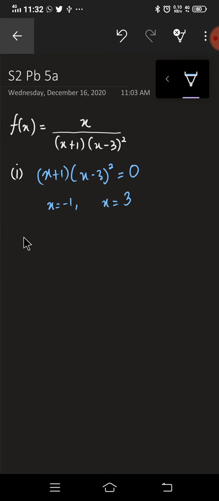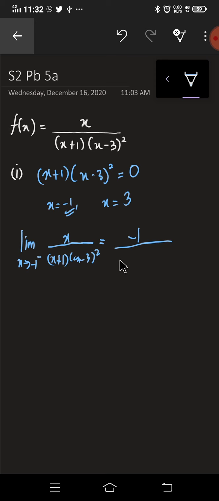To find the vertical asymptote, we show that when we find the limit of the function x over (x + 1)(x - 3)² as x approaches the value, we will get either positive or negative infinity. Let's say from the left side, what do we get? We substitute the value: -1 over (-1 + 1)(-1 - 3)².